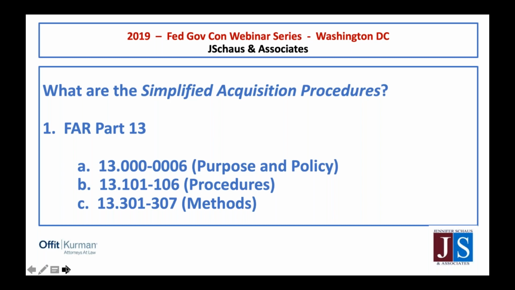That is where you'll see the purpose and policy of the procedures identified, and they're a bit more general and less technical and easier to understand. Everything that's discussed in there is, in fact, discussed in more detail further down into that section of the FAR. There are 5 sections in total. I mentioned 3 here because they're the most important.